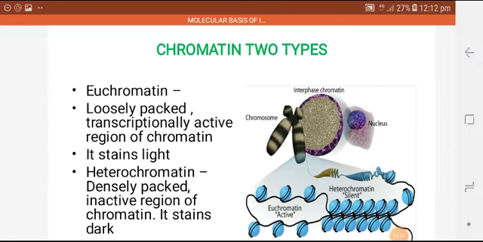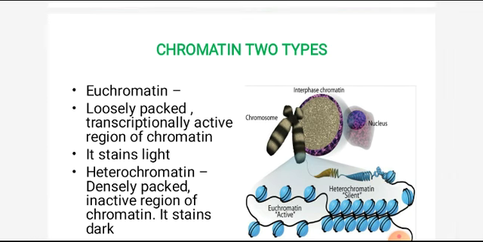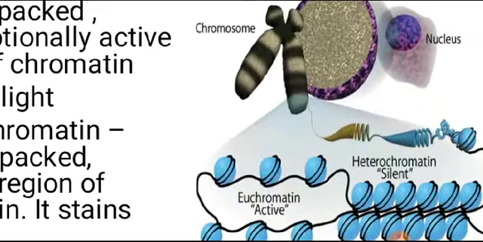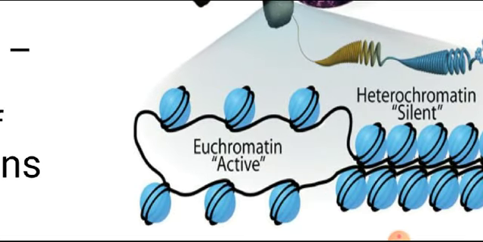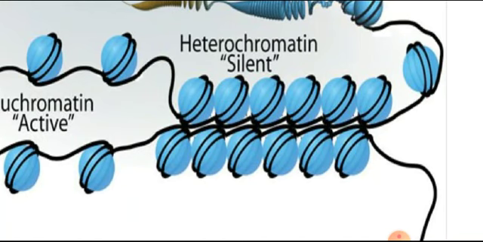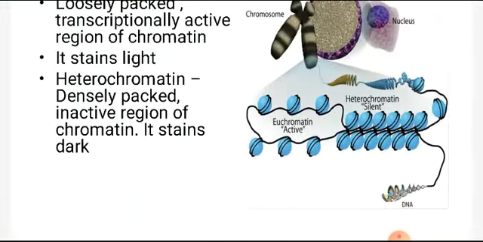Chromatin can be divided into two types, euchromatin and heterochromatin. What is euchromatin? Euchromatin is loosely packed chromatin, but heterochromatin is densely packed chromatin.